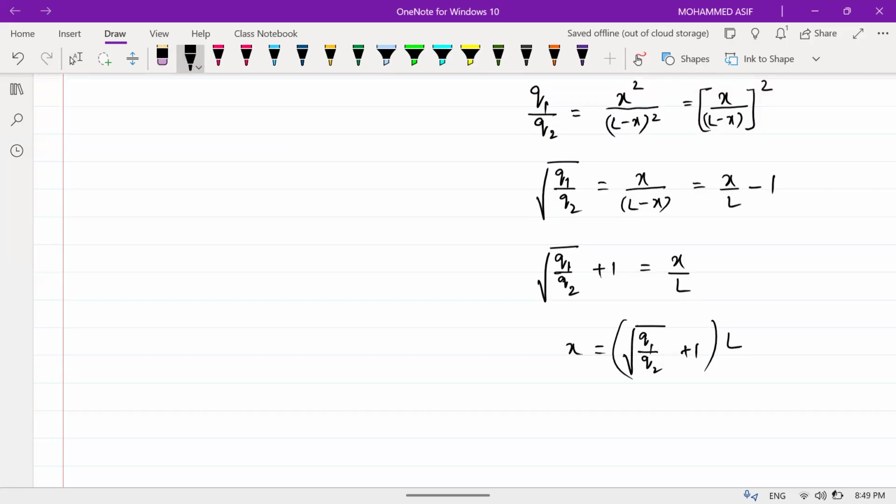What is the value of your x? Can it be written as root Q1 divided by root Q2 plus 1 into L is equal to x?